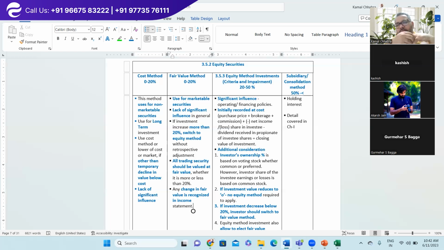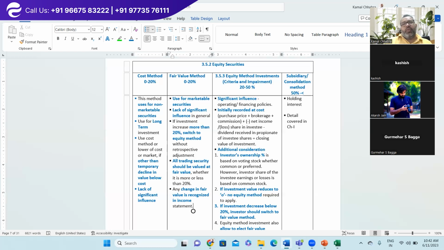So how do you calculate it? Purchase price plus brokerage or commission, add income, minus loss, minus dividends already received, will result in the carrying value of the investment. Initially, you record at cost, right?